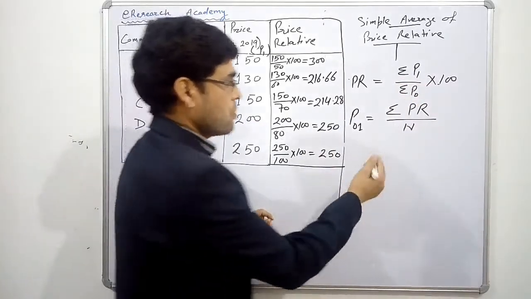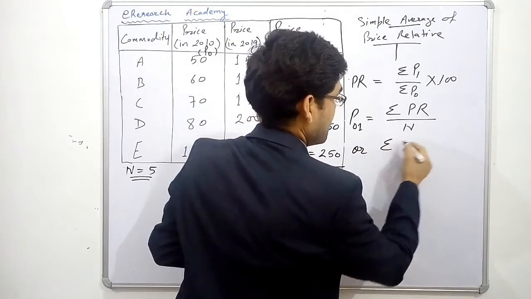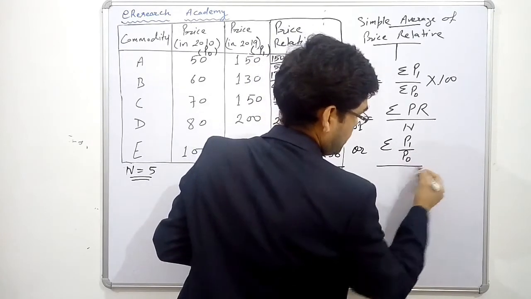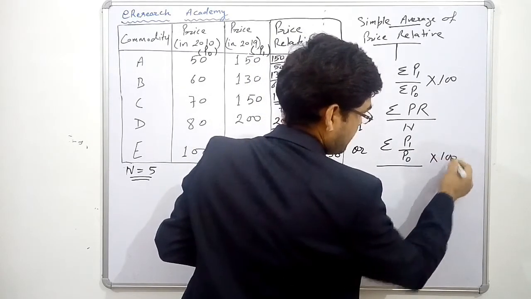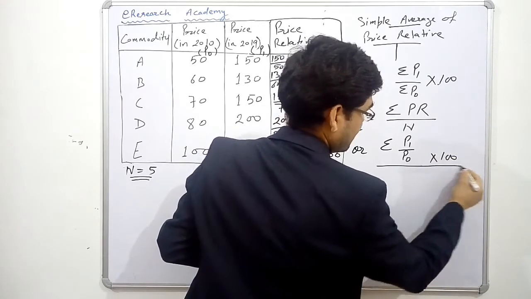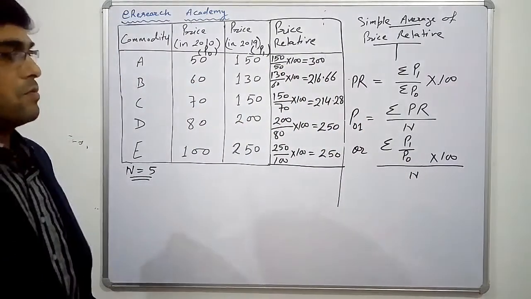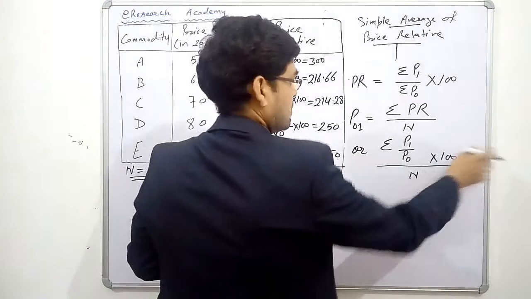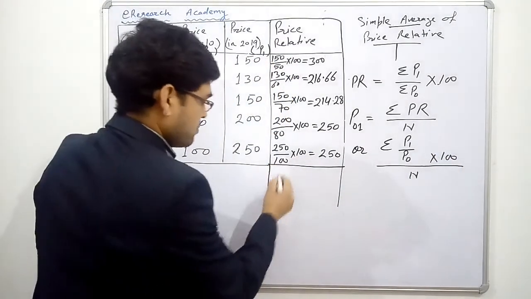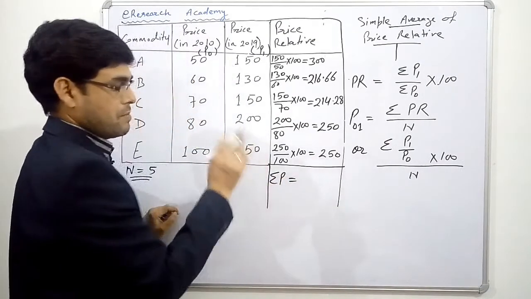So we can write it as sigma of P1 upon P0 into 100, all upon n.